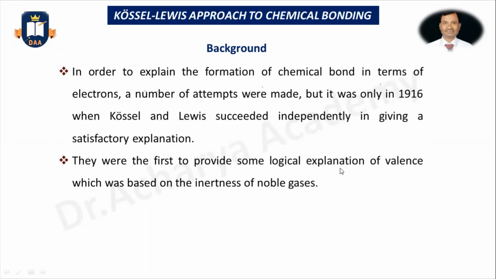They provided a logical explanation for valence, which is based on the inertness of noble gases. We know that noble gas atoms have 8 electrons, and this electronic configuration is very stable, which gives them inertness.